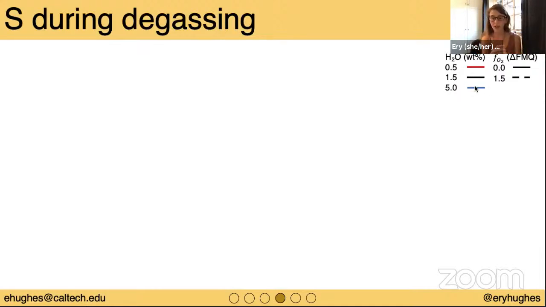That's to reflect maybe MORBs all the way up to arc systems. The other thing we're going to change is the oxygen fugacity that the system starts at. Solid curves will be a delta FMQ of 0, and dashed curves will be a delta FMQ of plus 1.5. Then we're going to allow the melt to saturate in a vapor phase, and we'll start the calculation from the pressure of vapor saturation and degas it to 1 bar under closed system conditions.